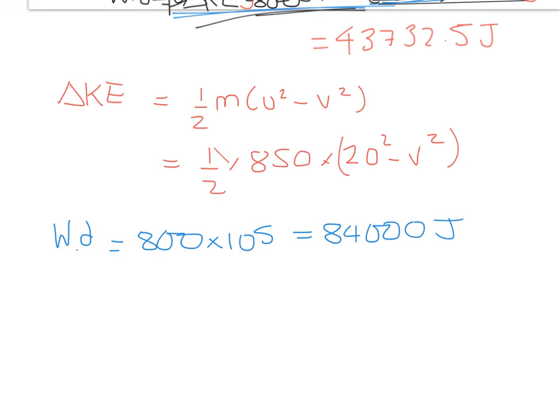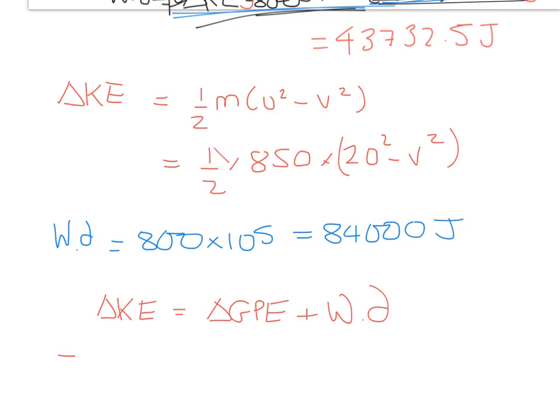So then we need to think about what's going to happen. So you start with kinetic energy and you lose kinetic energy but gain gravitational potential energy and do some work against friction. So that means your change in kinetic energy is going to be equal to the change in the gravitational potential energy plus your work done.